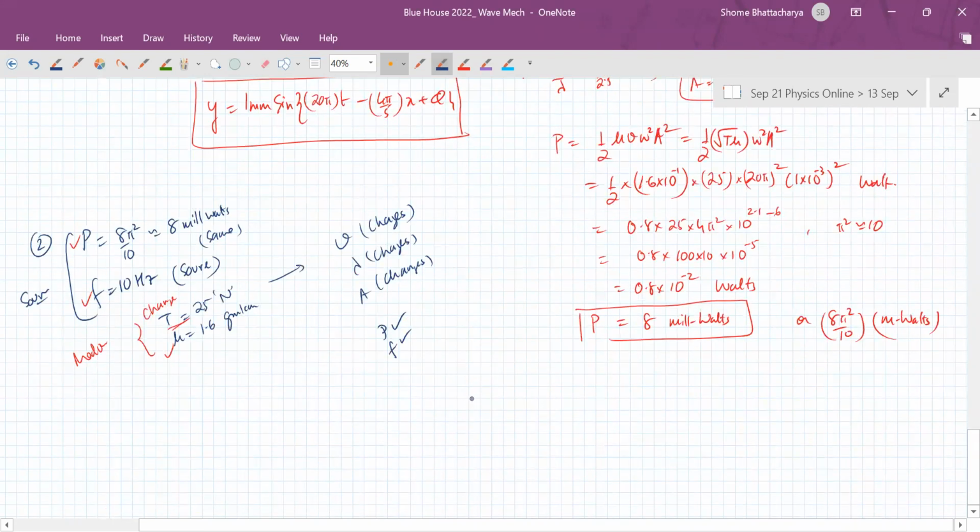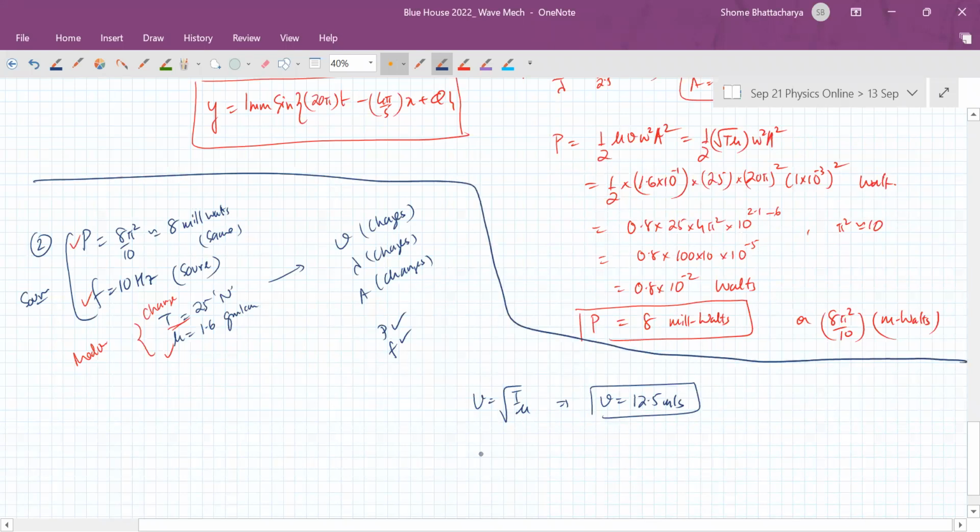So you can see that the wave speed, now the tension I made it 1/4, so the wave speed should become half. So it should become 12.5 meters per second in the second part. So accordingly, the wavelength will also become half, because it is V by F. Frequency is remaining the same, so wavelength would have changed to half of what it was.